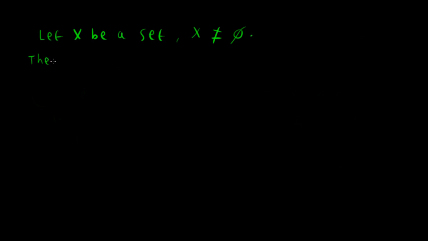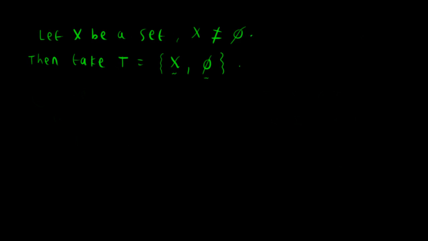Then take T to be the collection X and the empty set. Okay, so remember, when I'm talking about a topology, I want to be taking a collection of subsets of X. Okay, so X itself is a subset of X, and the empty set is a subset of X as well. The empty set is a subset of every set, so that's fine.